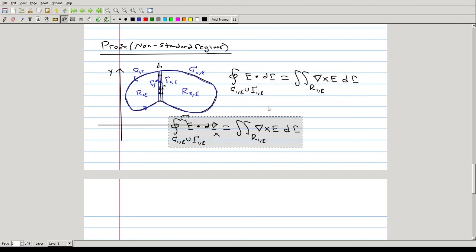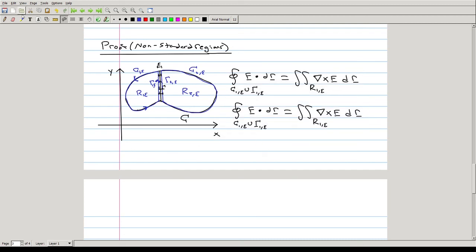And likewise for the second region, the line integral over C2 epsilon union with gamma 2 epsilon, or the line integral over this closed region right here, is going to be the double integral over the region R2 epsilon of the curl of f dotted with k, or just the k hat component of the curl of this 2D vector field.